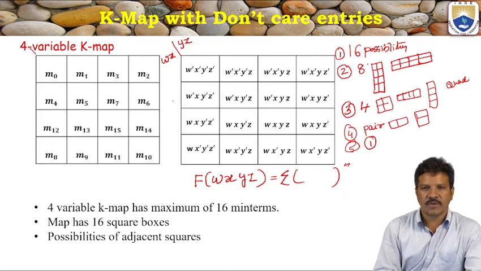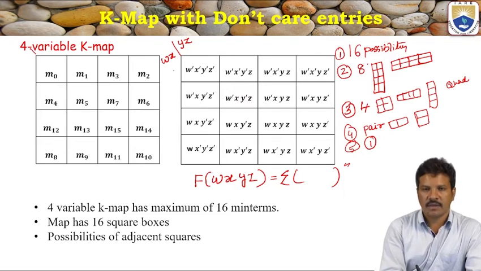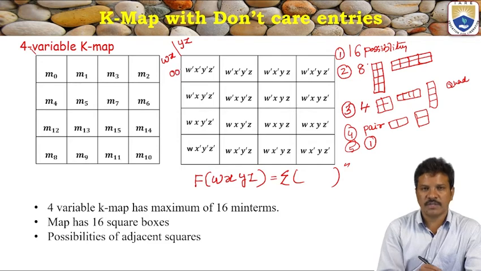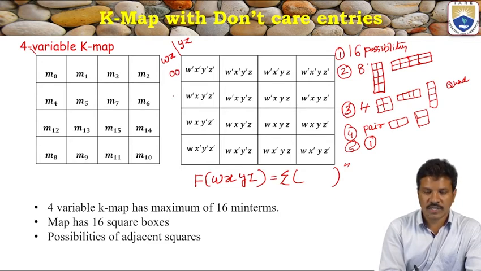For assigning logic values to wx, we follow the gray code order. The gray code of binary 00 is nothing but 00, and what is the gray code for 01? Nothing but 01. What is the gray code for 10? Nothing but 11. And what is the gray code for 11? Nothing but 10.